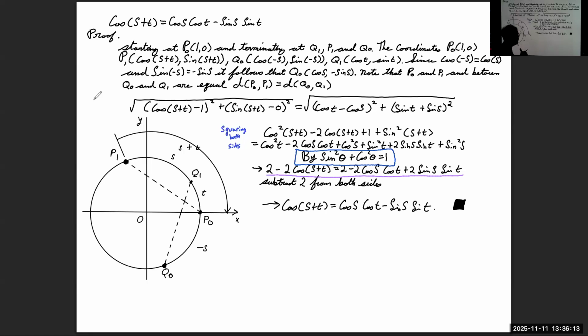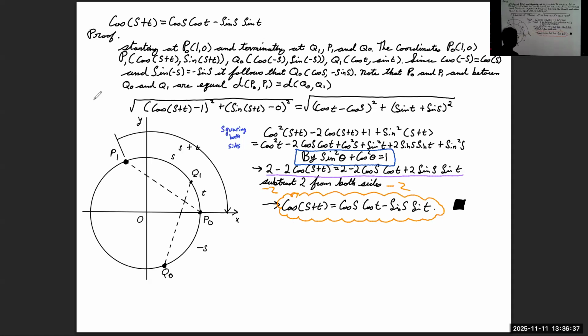That was my initial goal. So what I did was I subtracted 2 on both sides. That's not too esoteric. If I subtract 2 and subtract 2, solve for cosine of s plus t. There we go. Cosine of s plus t equals this.